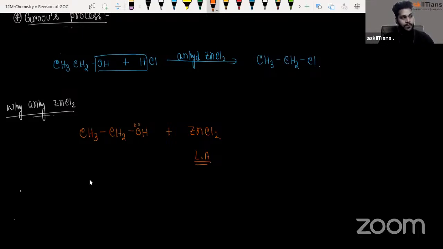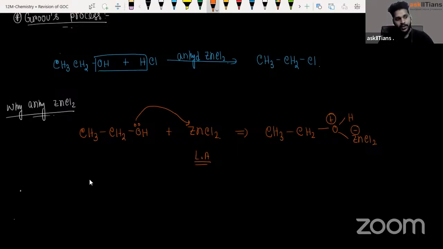So the lone pair of oxygen is going to make a coordinate covalent bond with it, and you get an intermediate which looks like CH3CH2OH-ZnCl2, with a plus charge on one and a minus charge on the other. This is the intermediate behind this reaction.